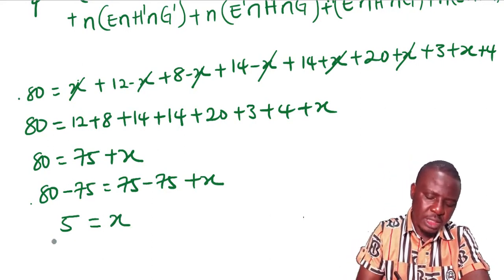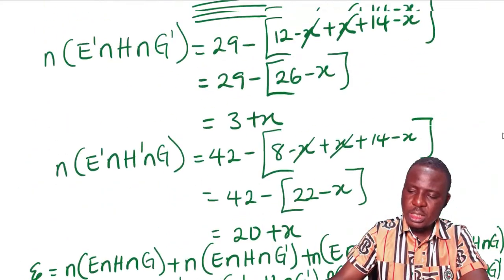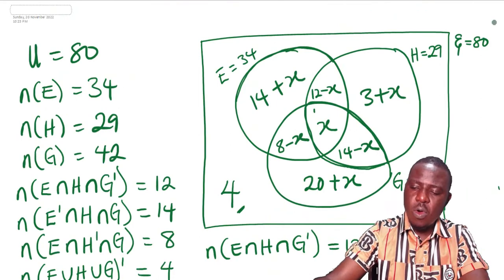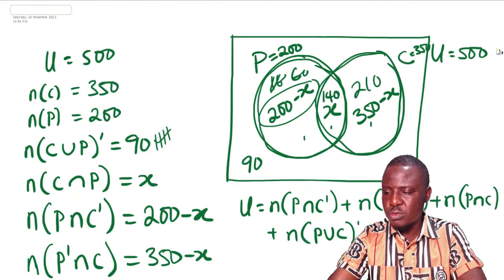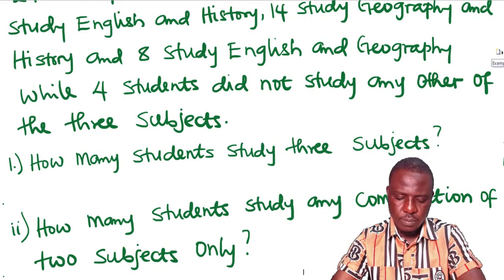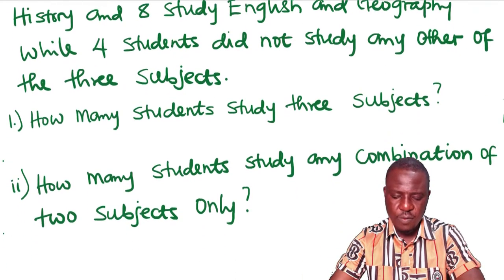What this means is that 5 students out of 80 study all 3 subjects, and that is what the question is asking us to find. How many students study 3 subjects? We just found it to be 5.